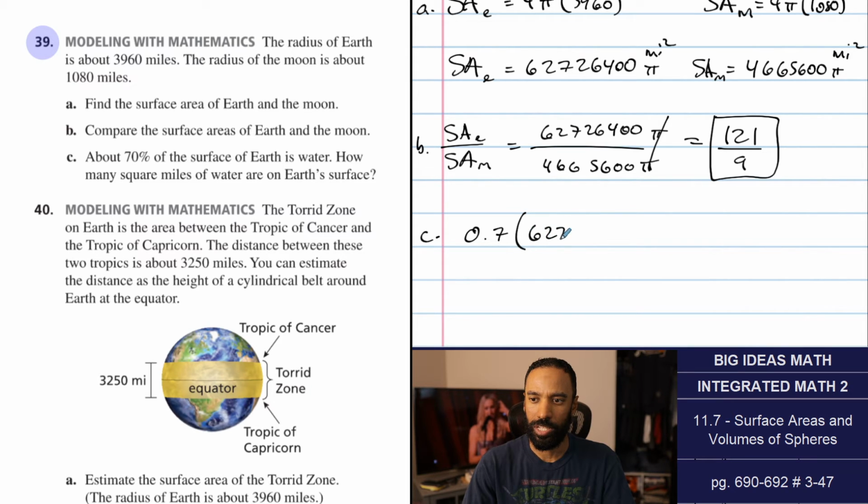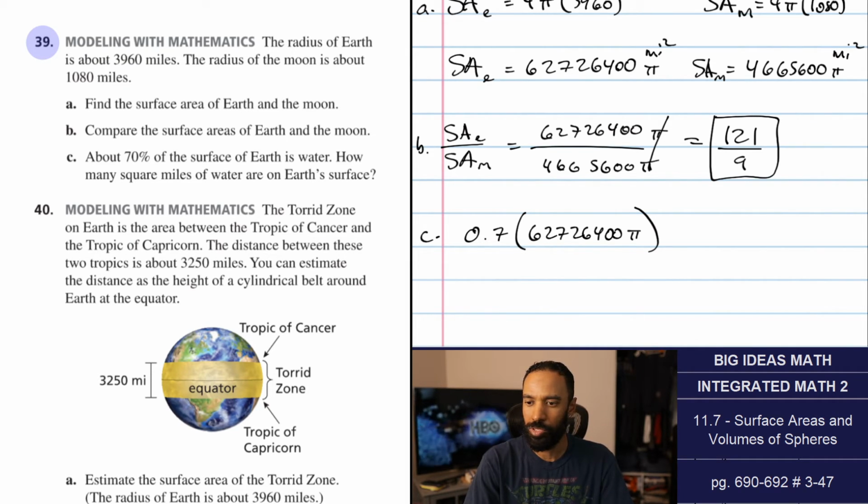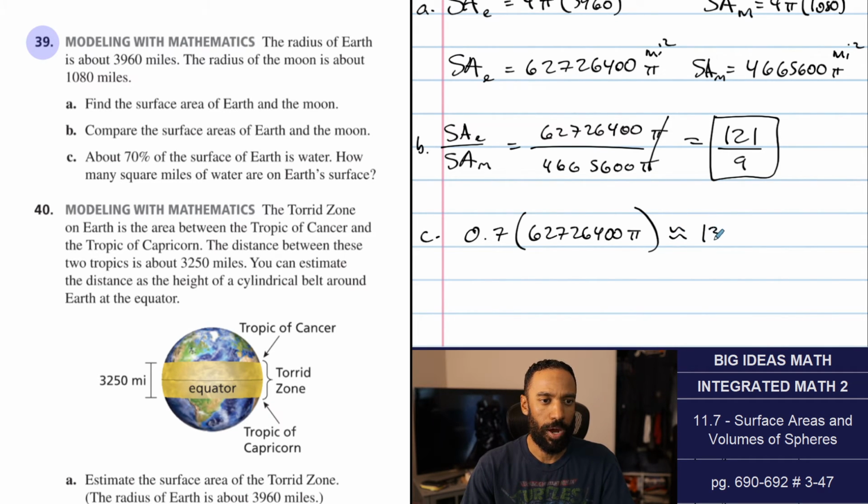So we'll take 0.7 times 6272640 pi. I'm not going to use pi in my answer, but I'm going to actually calculate with pi involved. So this is going to be 137942558.2.